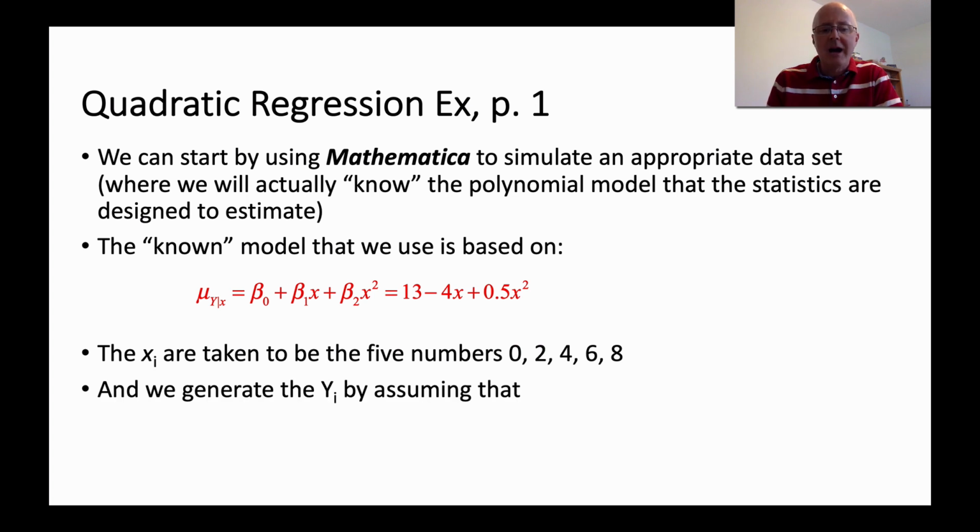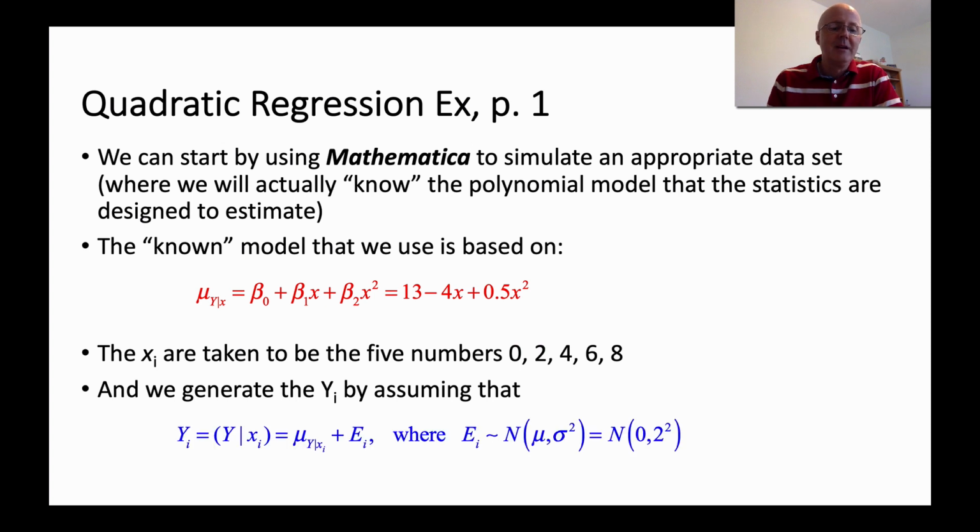I'm going to generate the yi's as random variables for each xi by assuming that yi is the mean, mu, plus capital Ei, where Ei is a random variable, and I'm going to pick it to have a normal distribution with mean 0 and variance sigma squared, which I'm going to pick as 2 squared, which is 4.